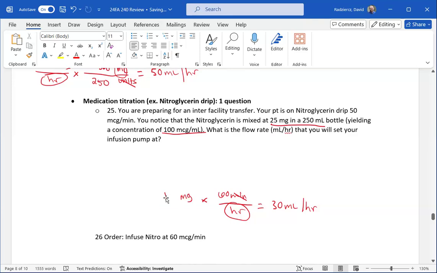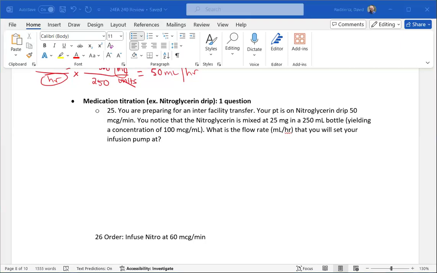With the nitroglycerin question, it's just a bunch of conversions: milligrams and micrograms, and minutes and hours. We're even going to convert minutes to hours to get an appropriate flow rate.